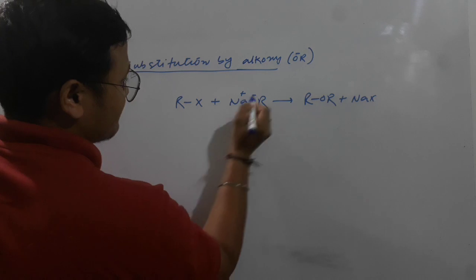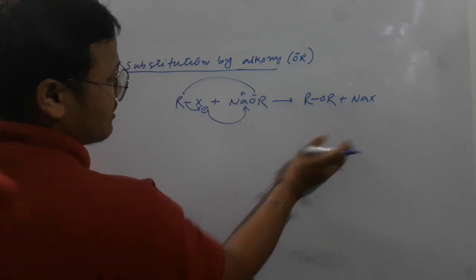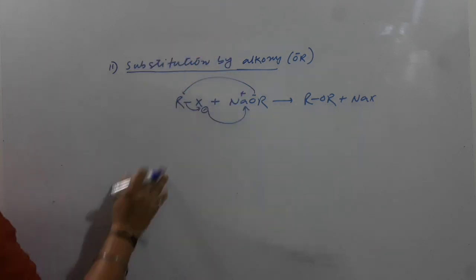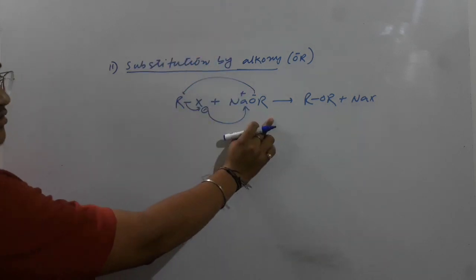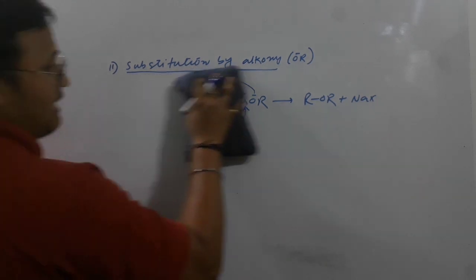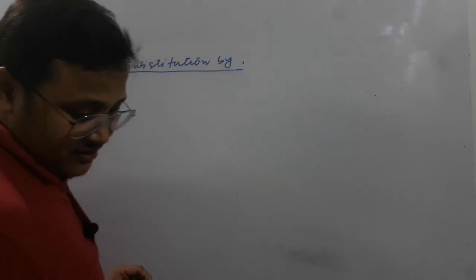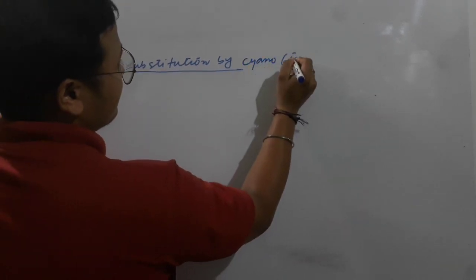The negative goes and attacks here. Similarly, the earlier case is the same type of reaction. Here also R is an alkyl group, you can take any alkyl group and perform the reaction with some example.